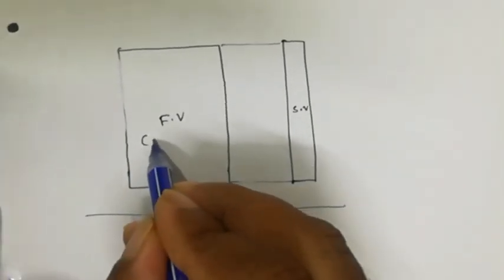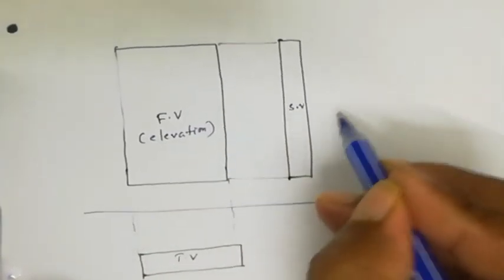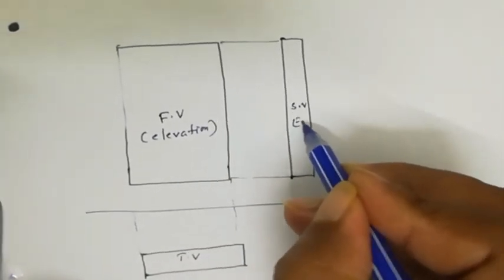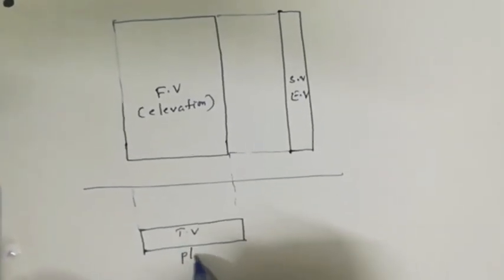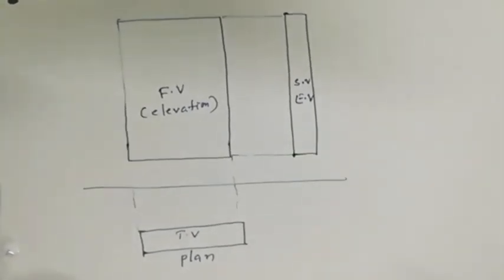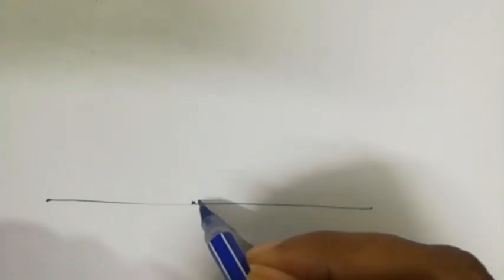Front view is also called elevation, side view is called end view, and top view can also be called plan. If we sum up all these three views and obtain a single view, that will be a 3D picture. So that is called isometric view.